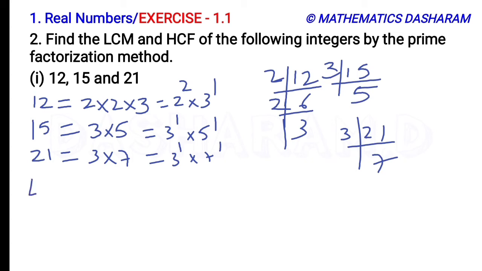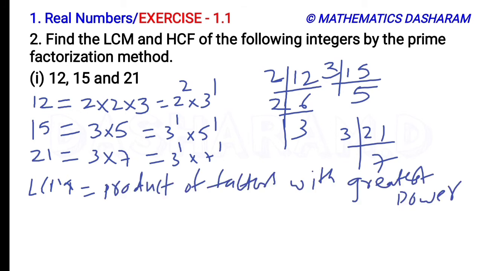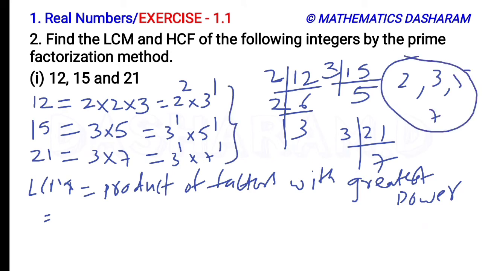So first, LCM equals the product of the factors with the greatest power. So what are the factors here? 2, 3, 5, 7. These are the 4 different numbers available in these 3. In these, first 2. So here 2 square, only one 2 and its power is 2. So 2 square will come as it is.